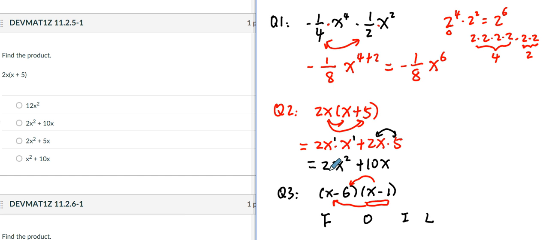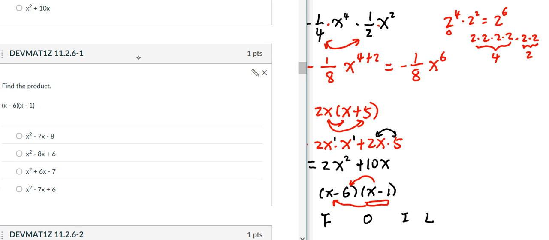And then 2 times x squared is still 2. And here 2x times 5: 2 times 5 is 10, keep x. So here is 2x squared plus 10x.